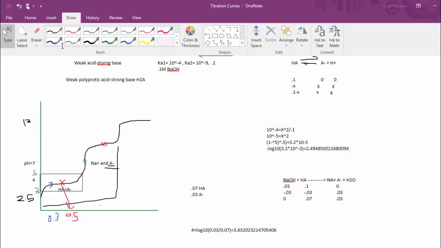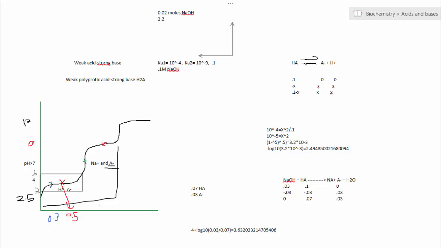Okay, the pH here will be 9. Here it was 4 because the Ka1 is 10 to the negative 4.